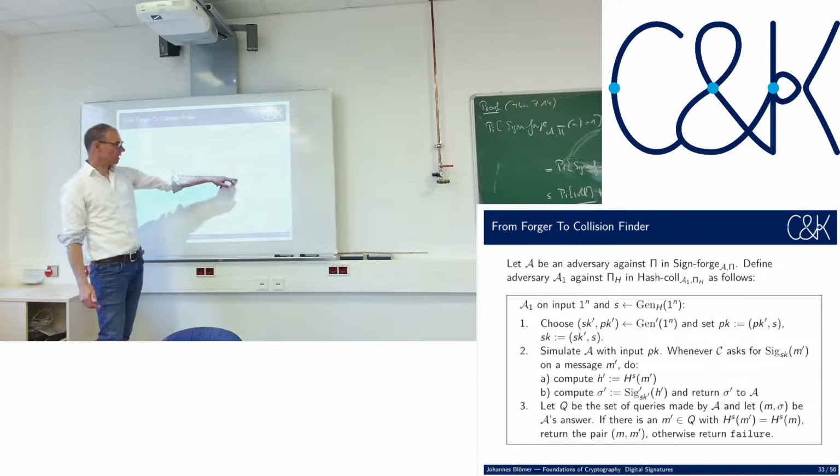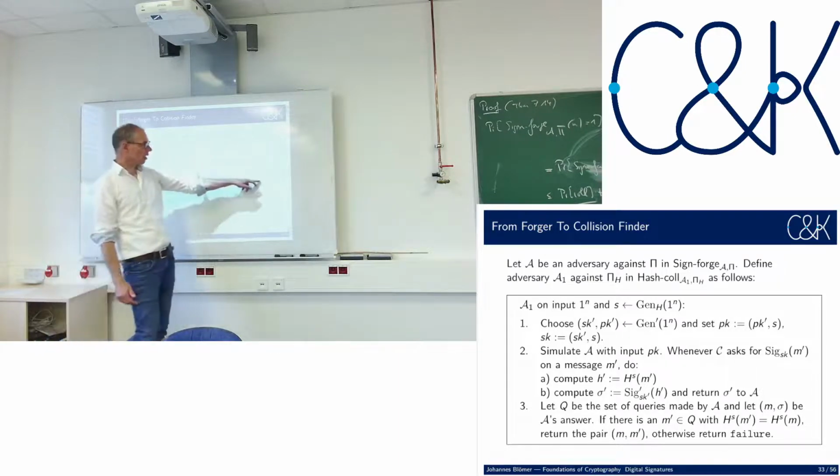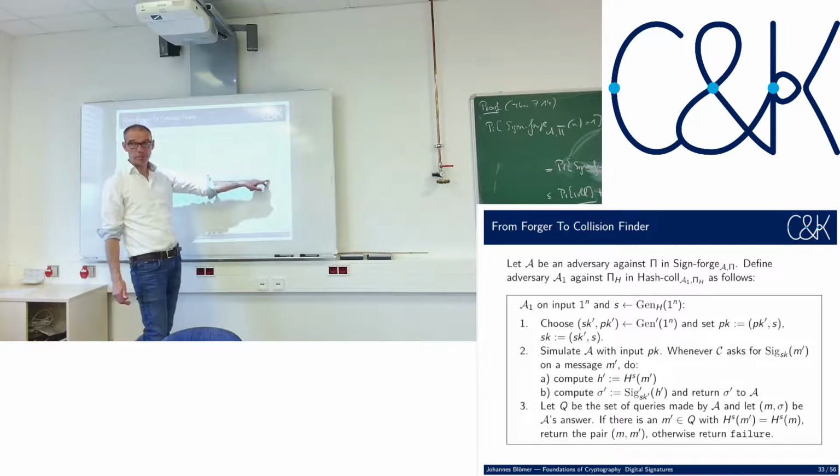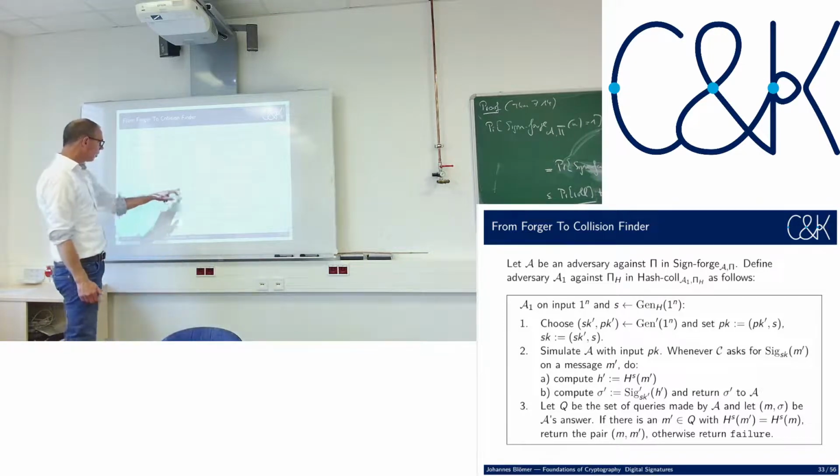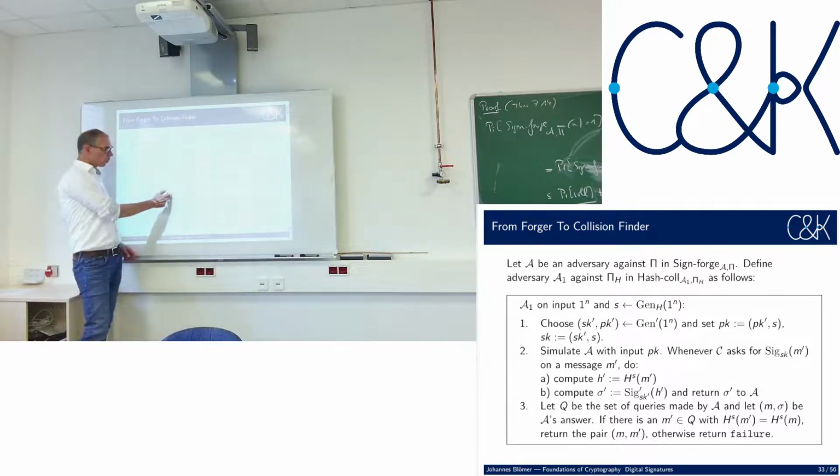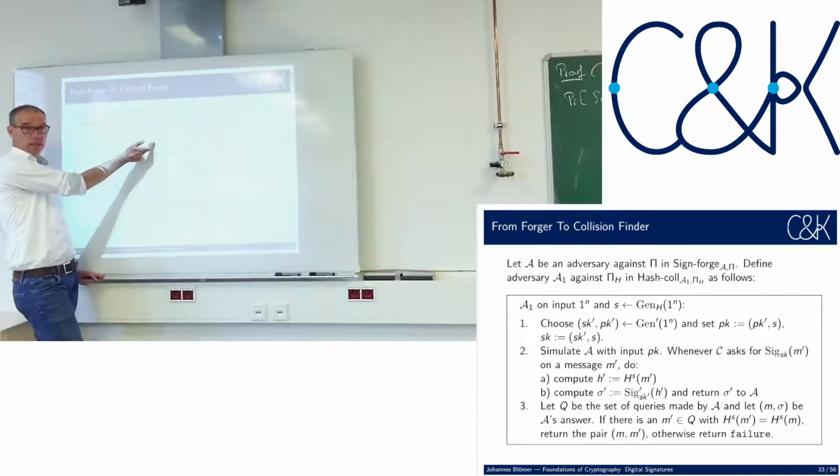Whenever A asks for a signature under a message M prime, we do the following. First, we compute the hash value of M prime. We can do that because we have the key S, it's one of our inputs.